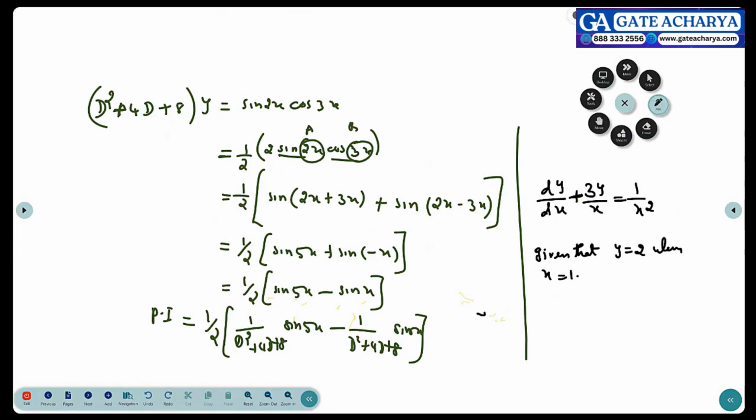So I can answer: 2x cube y is equal to x square plus 3.